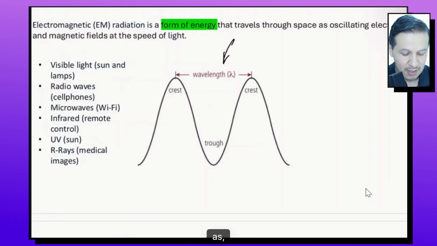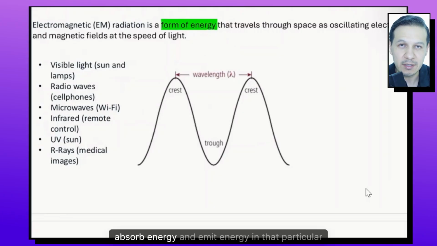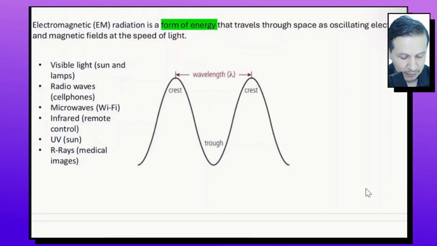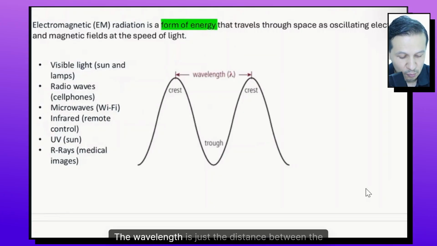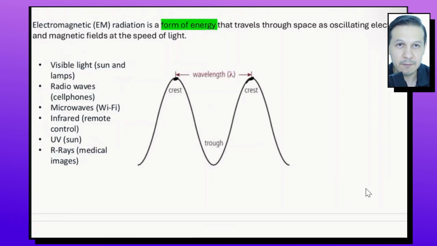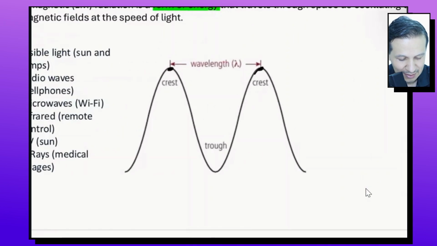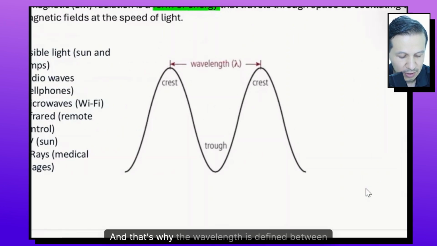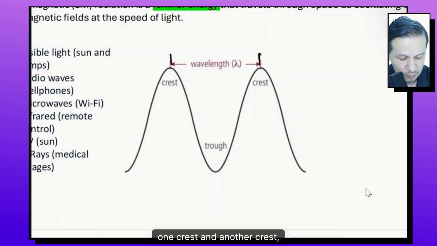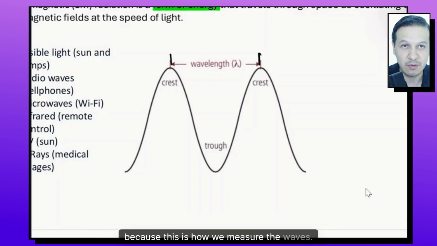The same as the atom is able to absorb energy and emit energy in that particular wave. What is the wavelength? The wavelength is just the distance between the crest and the crest. If you see, this is a complete wave, and that's why the wavelength is defined between one crest and another crest, because this is how we measure the waves.